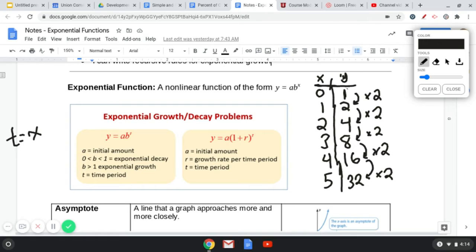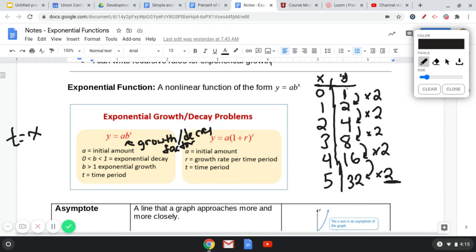And now this factor right here, this 2, this growth factor, is our b right here. So this b is the growth factor. I'm going to say growth or decay factor, because it depends if it's exponential growth or exponential decay.